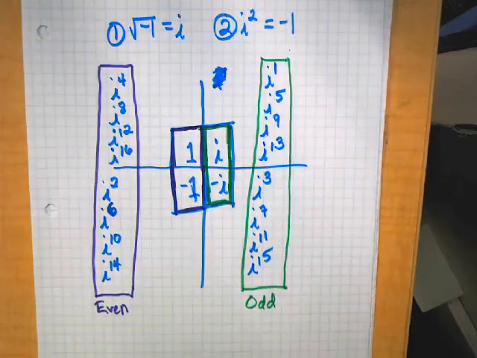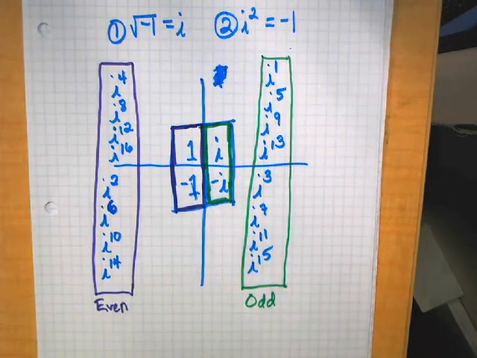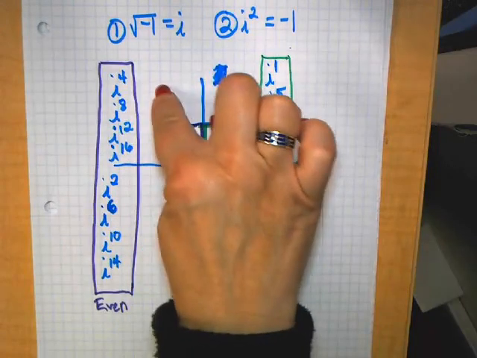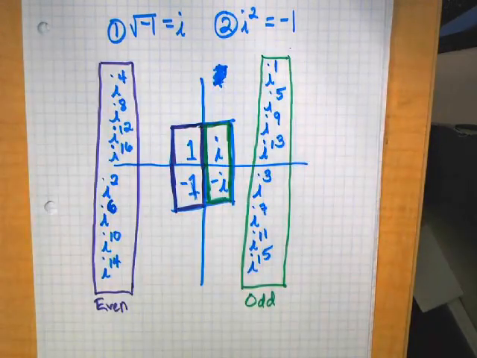Now, the difference between whether it's positive or negative is a little more subtle, and it requires us looking at i squared a little more closely. We're going to start up here, and we're going to break down each of those powers into how many pairs of i's there are in that expression.